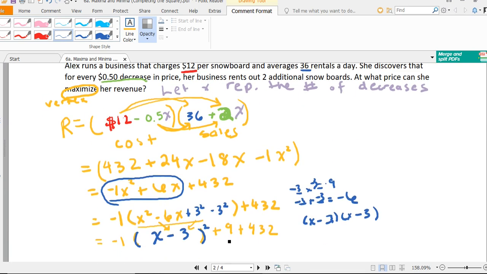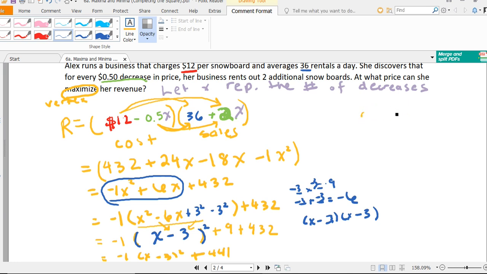Oh, I guess we didn't fully finish this because I needed to add this up in order to get a final answer, which means the final answer is just negative 1 times x minus 3 squared plus 441. So at what price can we maximize her revenue? Well, 3. What does 3 mean?